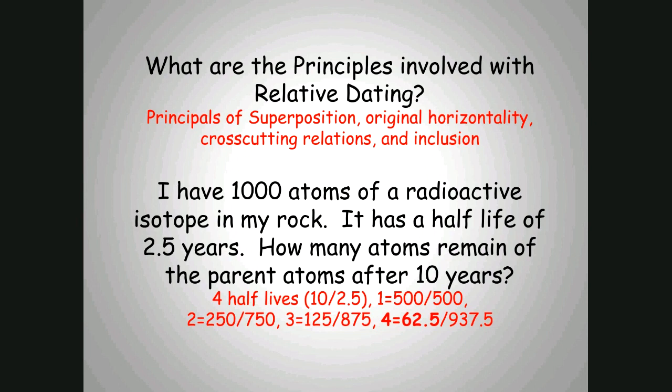And so at the fourth half-life, you only have half of that 125, which is approximately 62 and a half, with 937 and a half new daughter atoms. Only 62 and a half radioactive parent atoms. Does that make sense to everyone? I hope so, because you may have to make one of these calculations on your exam.